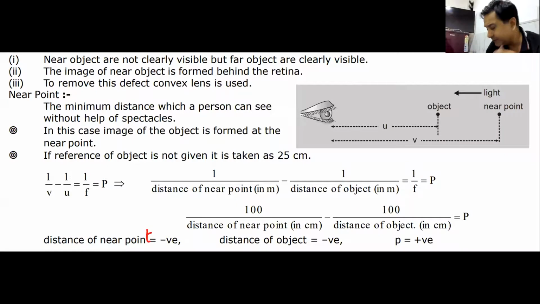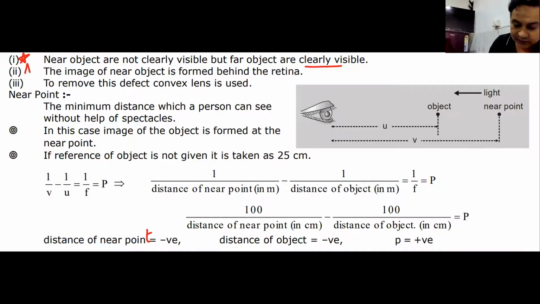Then that takes us to the things that you should remember about hypermetropia, or long-sightedness. If you remember myopia, you just do the reverse of that and you will get hypermetropia. That means I cannot see nearby objects clearly, but far objects are very clear.